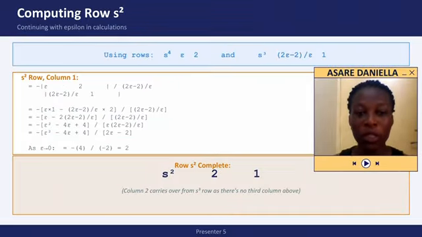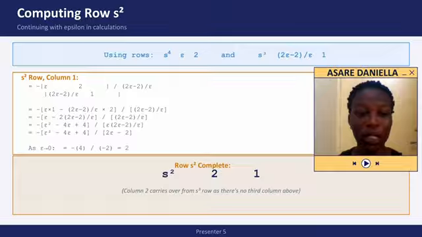Now I'll be computing row S squared. This calculation uses the two rows above, that is S to the fourth and S cubed.